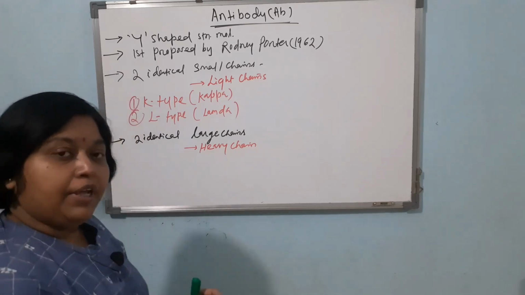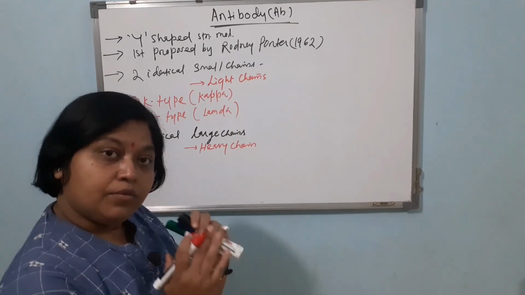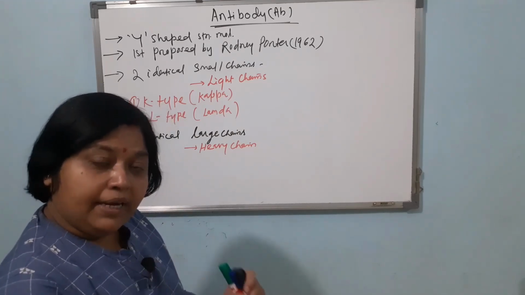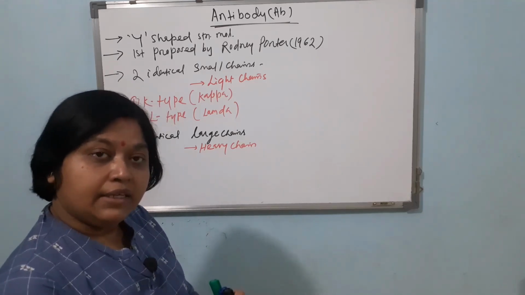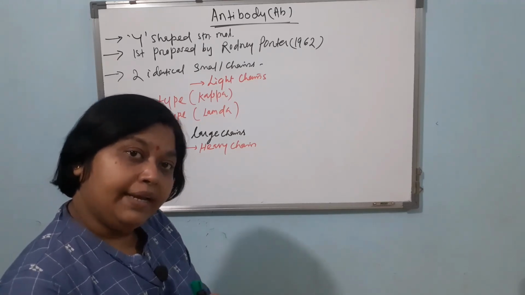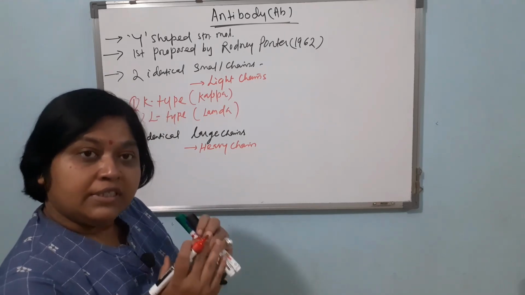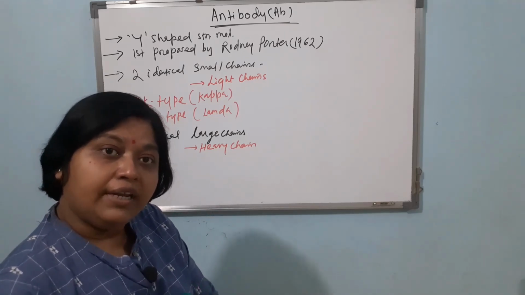If any antibody contains K type of light chain, both the light chains will be K type. If any antibody contains L type of light chain, both the light chains will be L type. But in body serum you will find 60% of K type of light chain containing antibody.